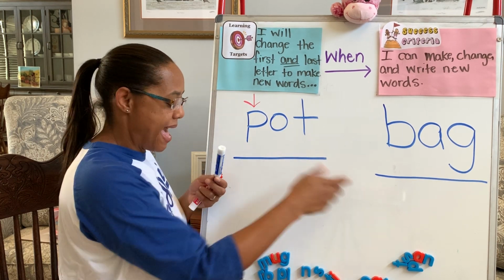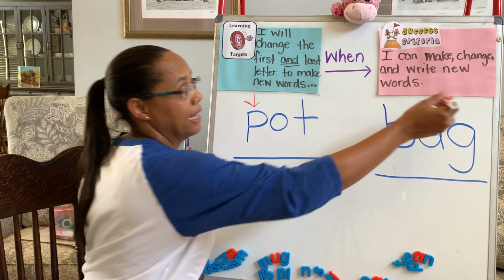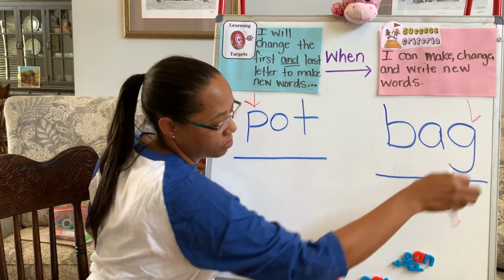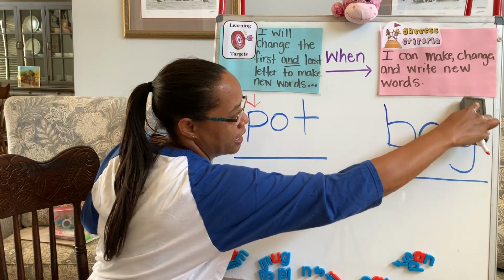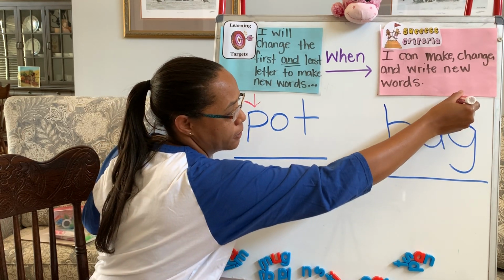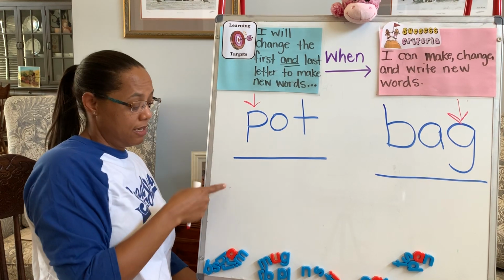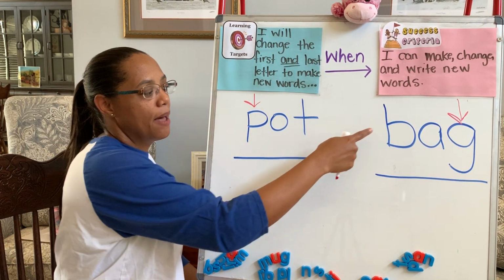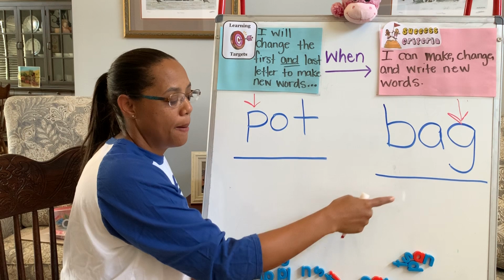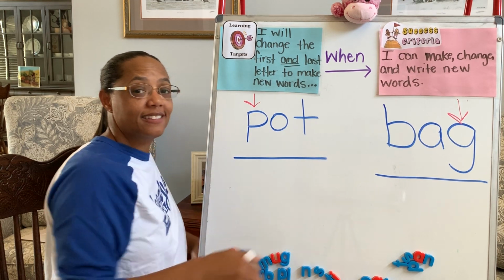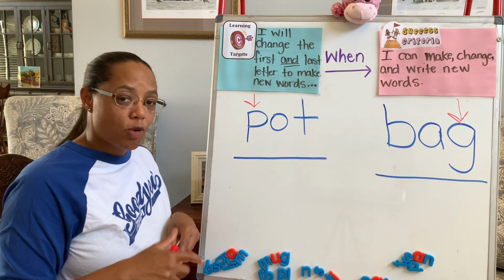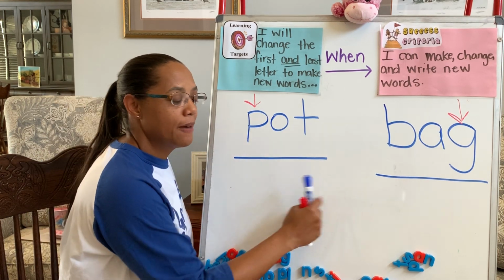Bag, bat. All right, there we go. Oh, that's not good enough. Let's make it more over this last letter. Okay, pot, change it to not. Bag, bat. All right, let's see which one of the grown-ups living in your house can make that change just like you did today.